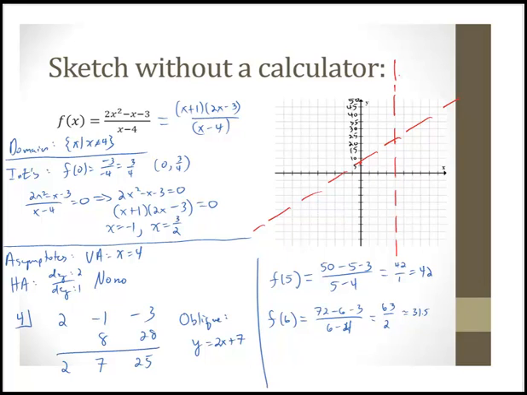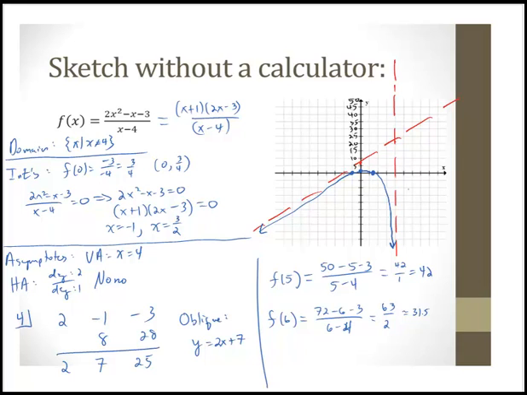Alright, now plotting the points that we have. x is negative 1 is an intercept. 0, 3/4 is an intercept. And 3/2, 0 is an intercept. So we still expect the curve to do roughly this.